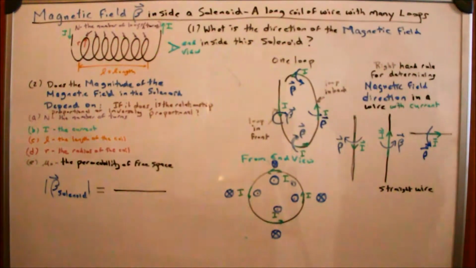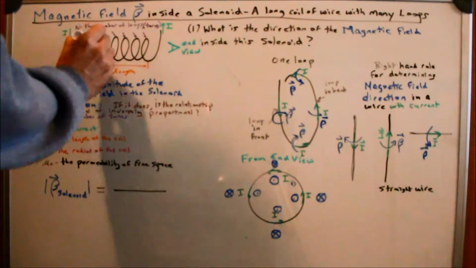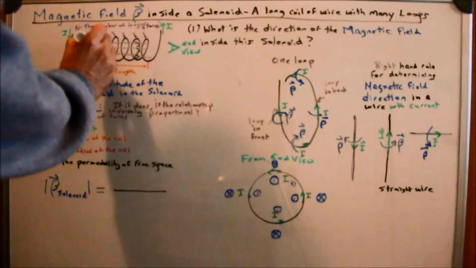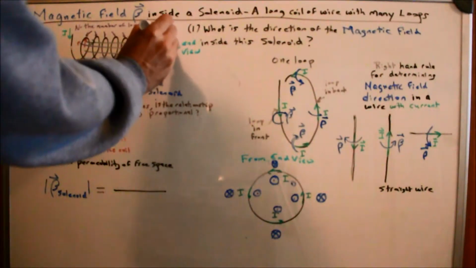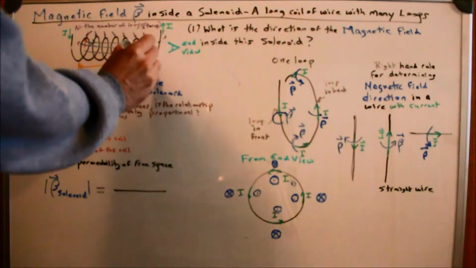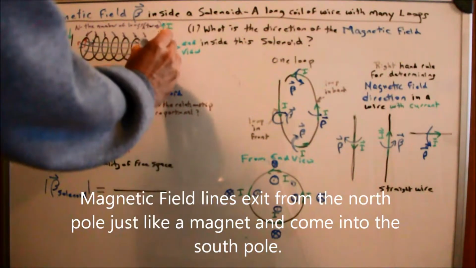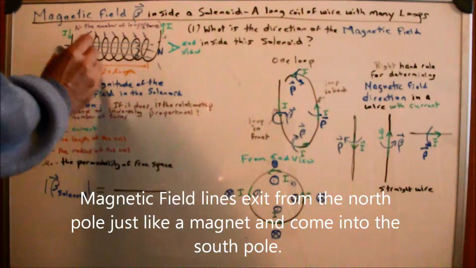That means I have all these magnetic field lines going in this direction, exiting here, and somewhere around here looping around and coming back through here. That makes this the North Pole and this the South Pole.